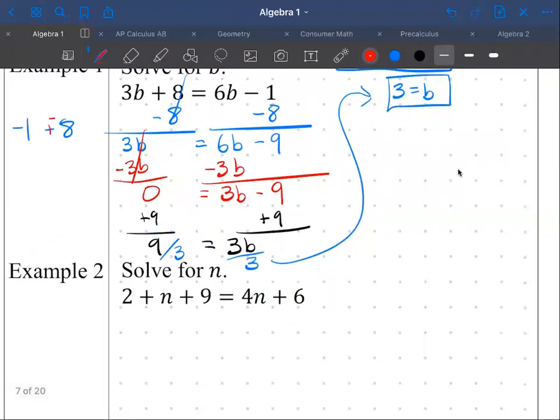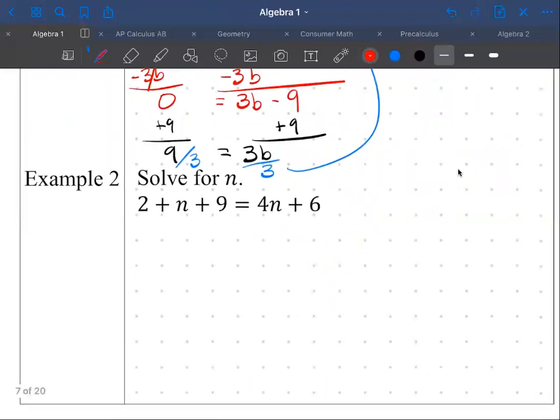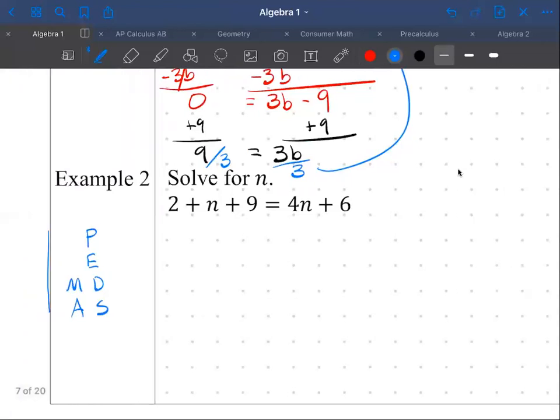This one is solving for n. 2 plus n plus 9 is equal to 4n plus 6. So I talked about this yesterday, but I should review it again today. Whenever we solve an equation, typically the path looks like this. If we have our order of operations, PEMDAS, parentheses, exponents, multiplication, division, addition, subtraction, typically we first want to go down and then back up for PEMDAS.